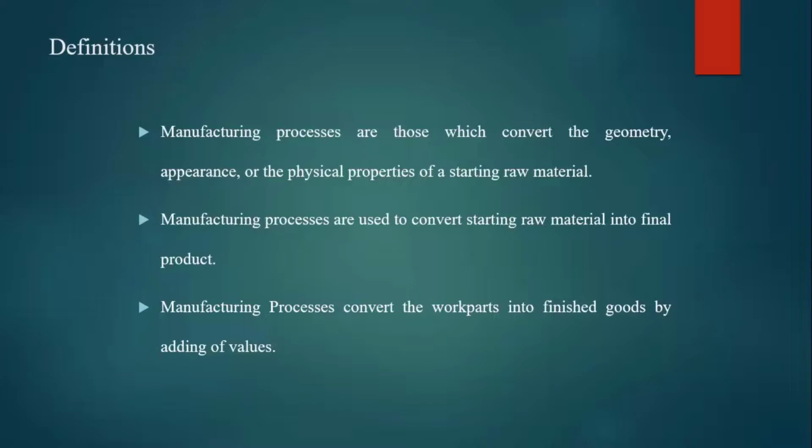We take a sheet of metal, we convert it into a blank, and then by performing the drawing operation, this blank can be converted into a pressure cooker, into a fry pan.